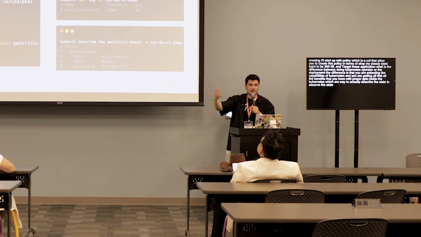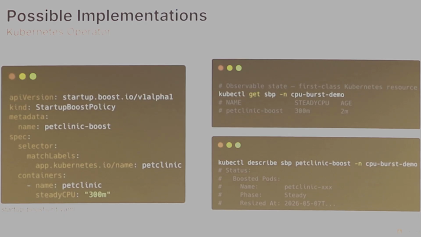You have a proper CRD, which is a proper API, so you can get all the available policies in the cluster, and you can describe them to understand, okay, this exact resource was patched, was resized, and when. You can't do that with the deployment, for example, at least if you don't also want to patch the labels to have a timestamp for the resize.